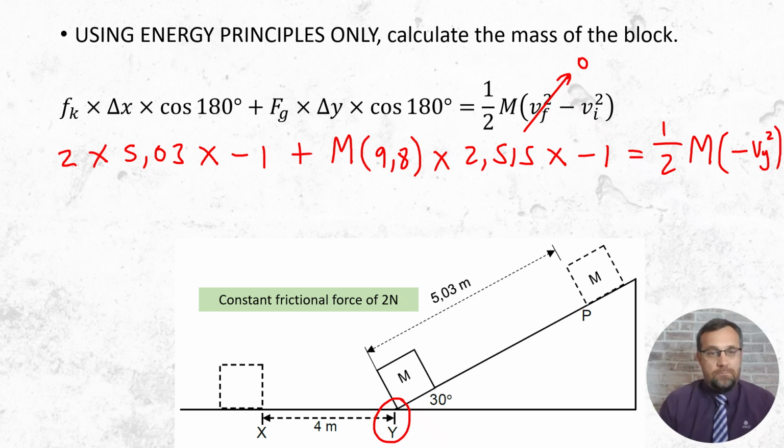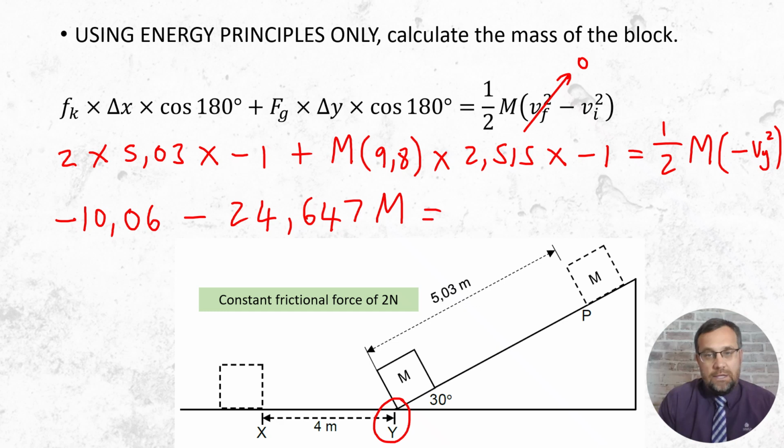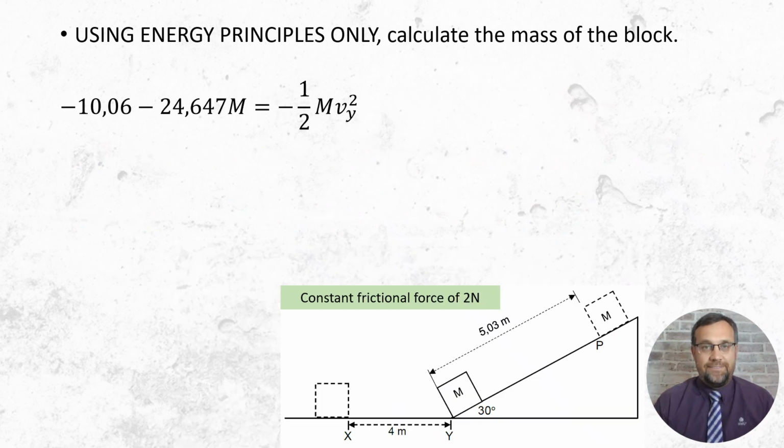So this then simplifies to minus 10,06 minus 24,647 M equals negative a half M Vy squared. And now we can substitute Vy squared into this equation.